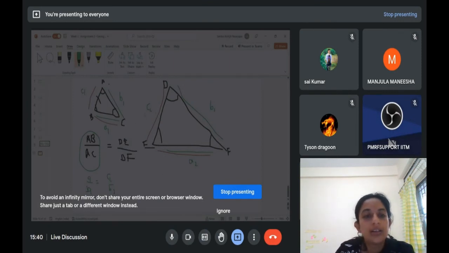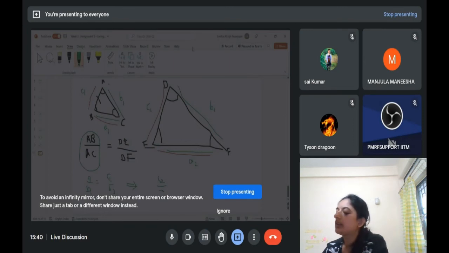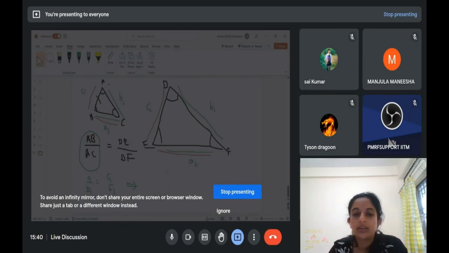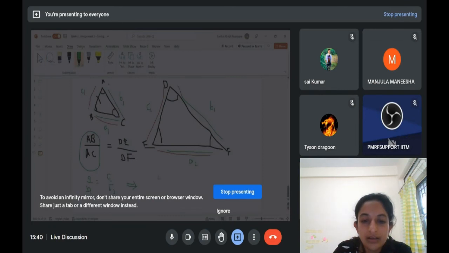Now if I rearrange this, I'll get C2 by C1 is equal to B2 by B1.